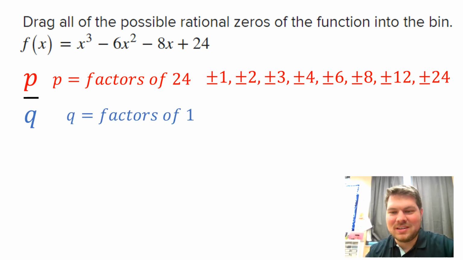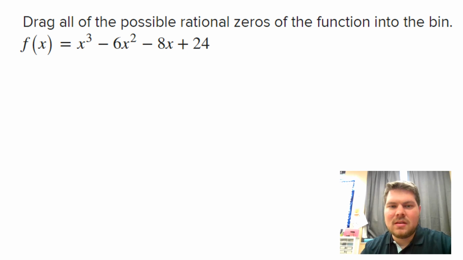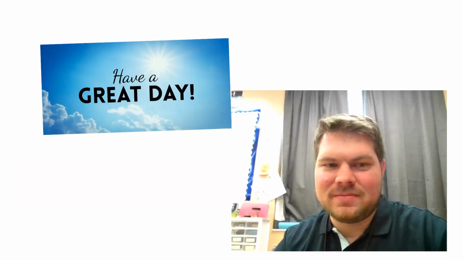Luckily, factors of 1 is just 1. So our factors are just going to be all the numbers that we listed for our P. So you're just going to plug all the ones that you see in from your choices. And that's it. That's the final question.